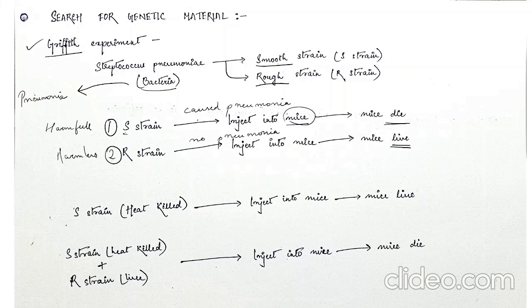Now, in the second experiment, he killed those S strains. Quite naturally, when the bacteria which were causing pneumonia are now dead, they are no longer able to cause pneumonia. That's why this time the mice lived.